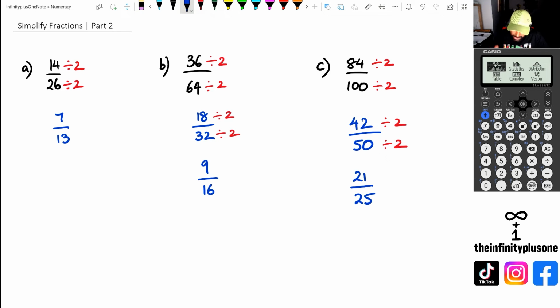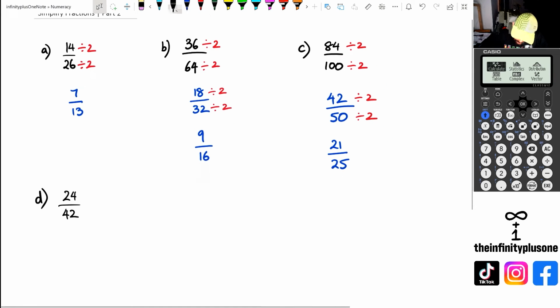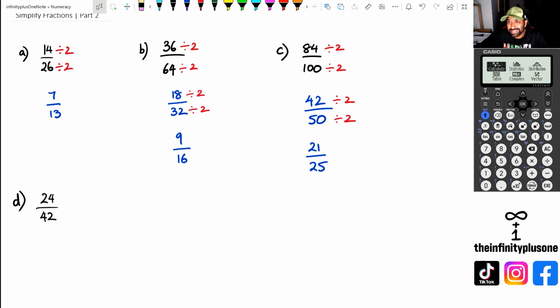All right, so what I might do is just do one more example here. And that example is going to be 24 over 42. If you look at 24 over 42, we can see that, okay, these are even numbers. So what I could do is divide by 2 to start off with. When I do this, I'm going to get 12 over 21.